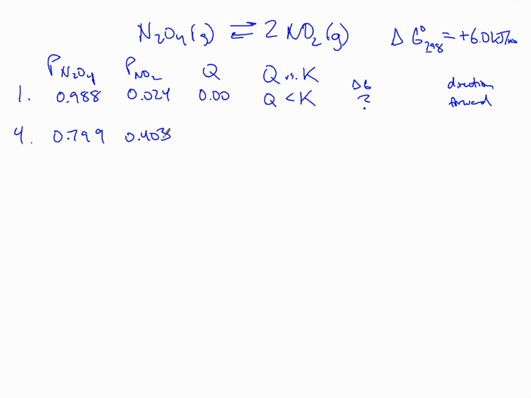What did you get, 0.2? Yes. 0.20. And Q versus K. Q is greater than K. Delta G, we'll check that in a minute. And this one, the arrow pointing left tells me reverse reaction. Direction is reverse.